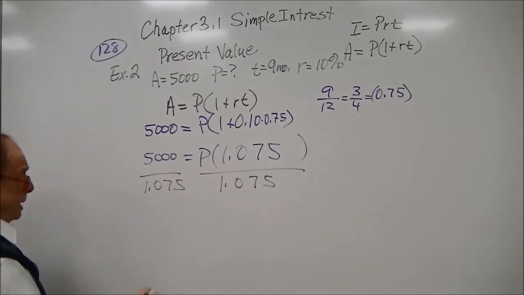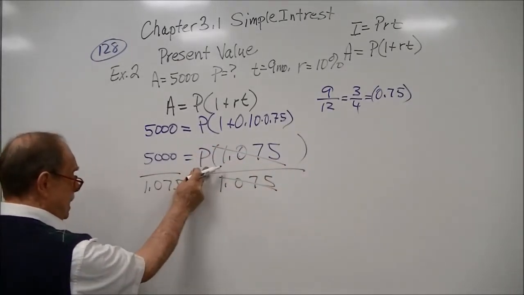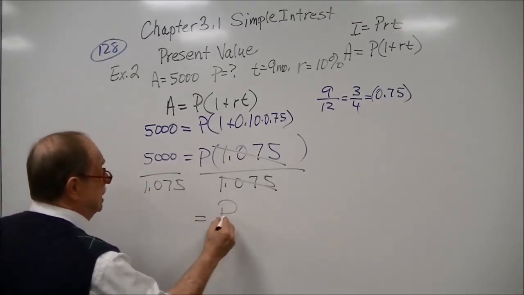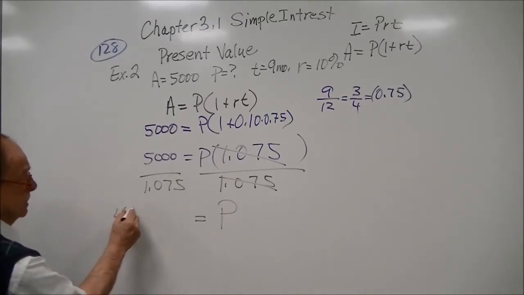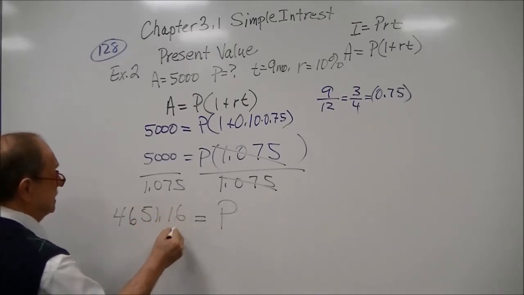Now these cancel out, and I'm left with P equals this. Well, if I put that into my calculator, I get $4,651.16.